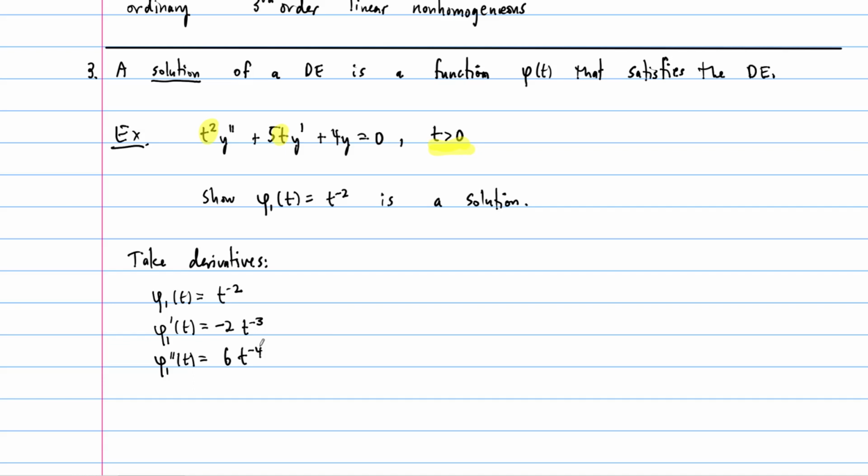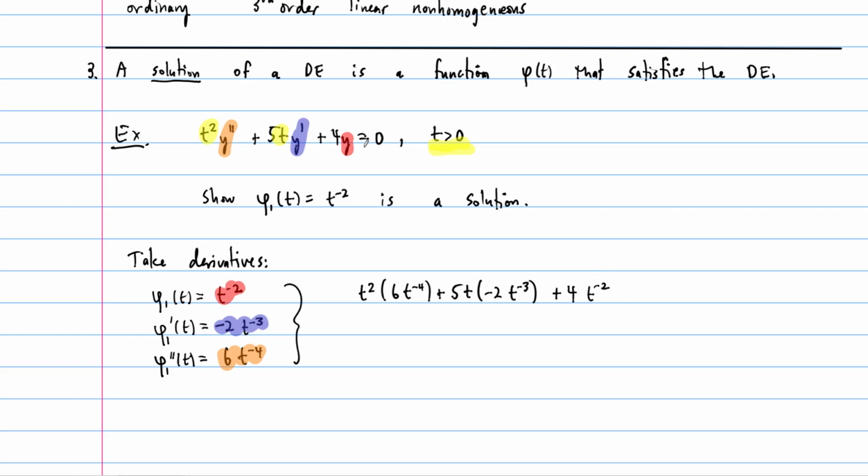All right. And this is what needs to get plugged into our differential equation. So we just take these and plug them back up here. This one's going to go in where phi, or y, is. This one is going to go in where the derivative is, and then all of this goes in right here. All right, so let's see what we get. We end up with t squared times 6t to the minus 4 plus 5t times negative 2t to the minus 3 plus 4t to the minus 2.